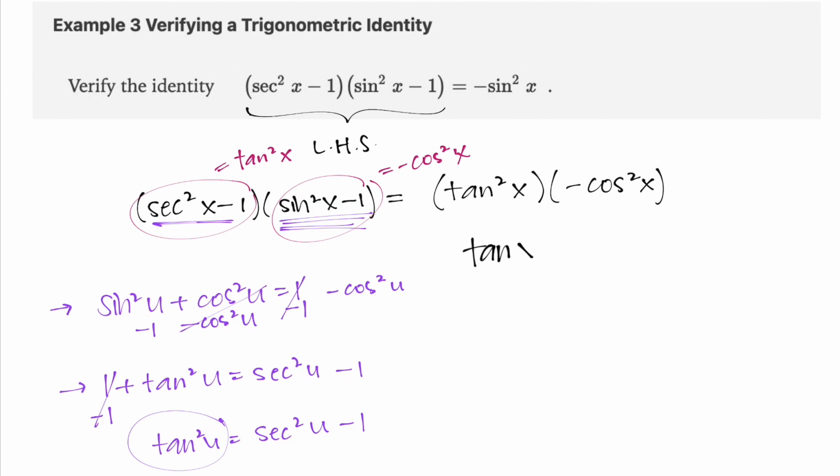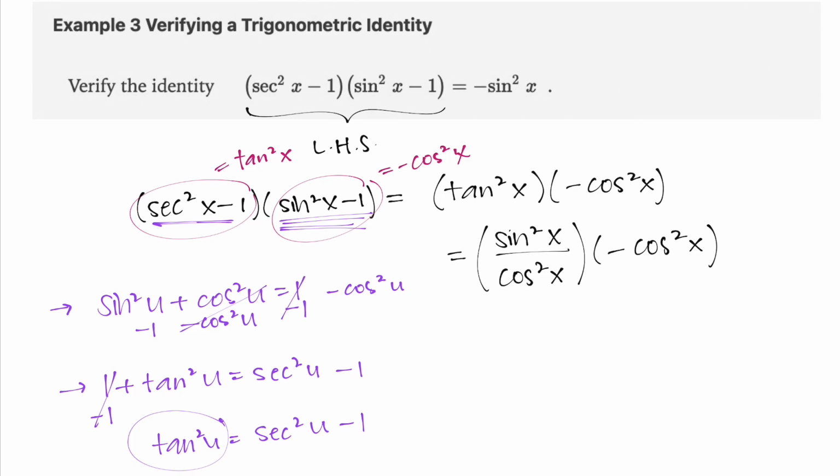And tangent is technically the quotient of sine over cosine. So if we had tangent squared, then that would be sine over cosine, squared for each. So the first term I'm going to rewrite as sine squared x over cosine squared x, keeping in mind that this entire fraction is still being multiplied by negative cosine squared x here.